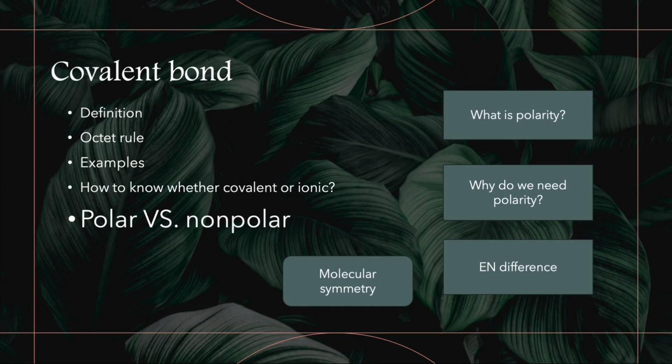A molecule is polar if it has an uneven distribution of charges, meaning there is a partial positive charge on one side and a partial negative charge on the other. If the charges are evenly distributed, the molecule is nonpolar. Polarity is essential because it affects a molecule's interactions with other molecules, its physical properties like boiling point, melting point, and solubility, and its chemical reactivity.